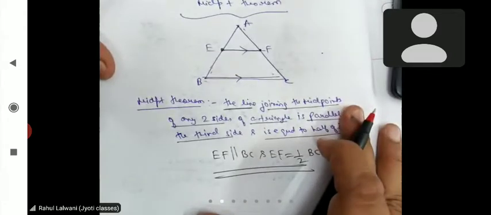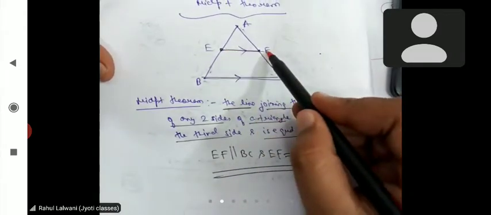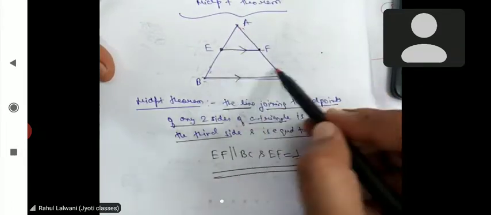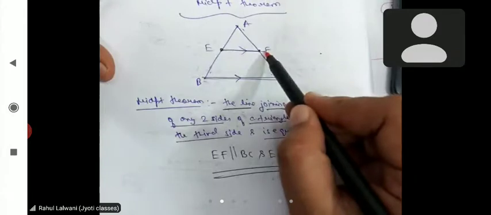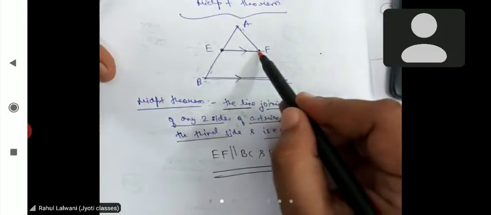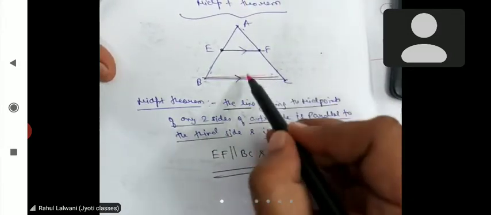The line joining the midpoints of any two sides of a triangle will be parallel to the third side and will be half of it.